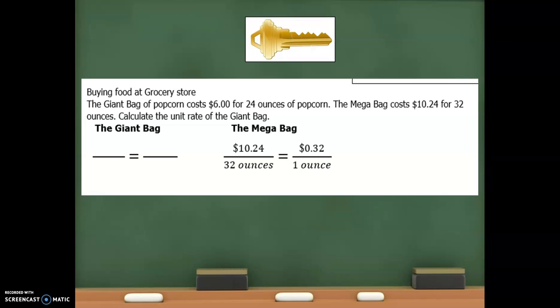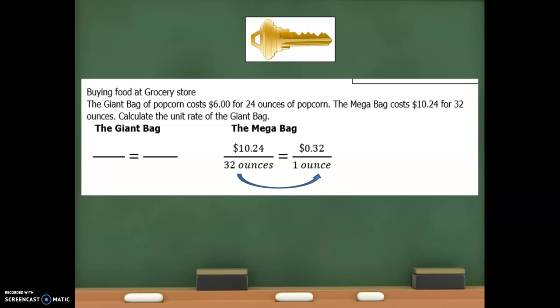Finally, we have our grocery store example, which we're going to be solving in a proportion. The giant bag of popcorn costs $6 for every 24 ounces of popcorn, and the mega bag costs $10.24 for 32 ounces. We're going to calculate the unit rate of the giant bag. You can see I already have the unit rate of the mega bag there. I used it in a proportion.